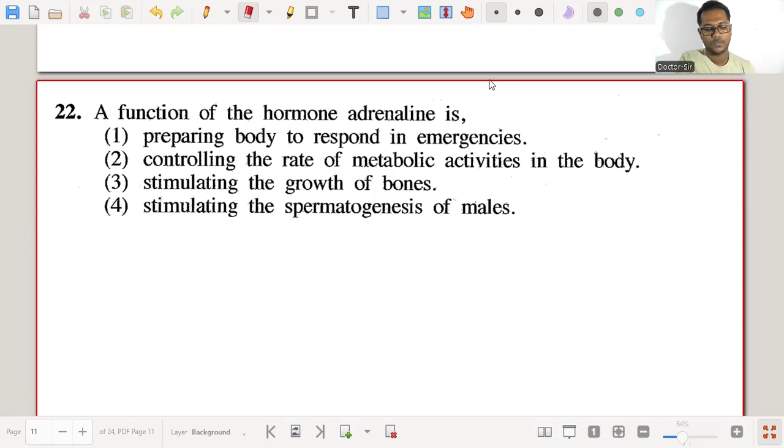Okay. So in your textbook, yes, there is a table as well. If you want, I can share that. Okay, so I will share your textbooks.